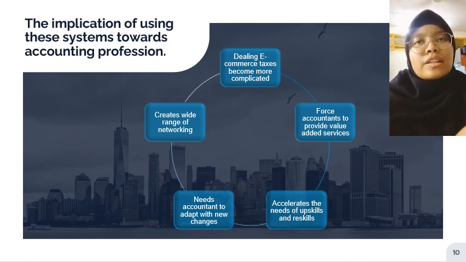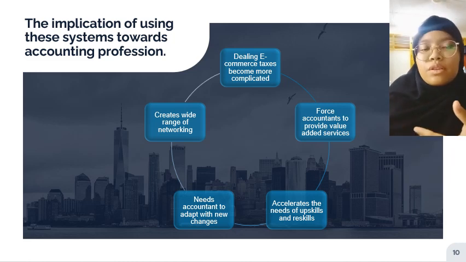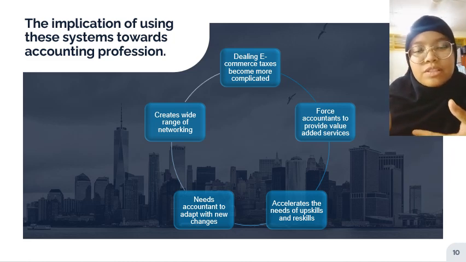This also happens when we talk about e-commerce. They have to upskill or reiterate their skills, or even reskill themselves, so that they can adapt to this new environment. Because before, they did not know what e-commerce is, because they did not use this kind of system.